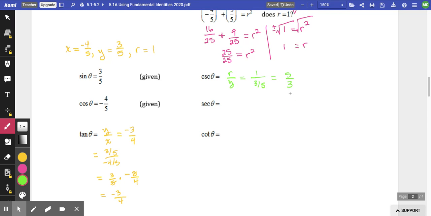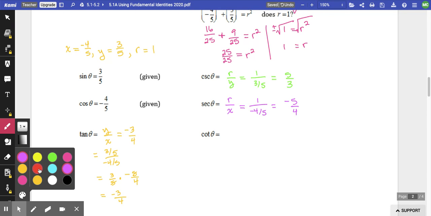And 1 times anything is just itself, so that one's just 5/3. Secant of theta in terms of x, y, and r is r over x. So again, my r is 1. My x is -4/5. 1 divided by -4/5 would be the same as 1 times -5/4. So that would be just -5/4.